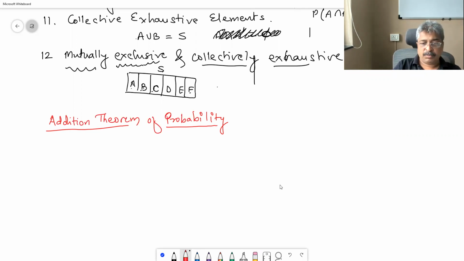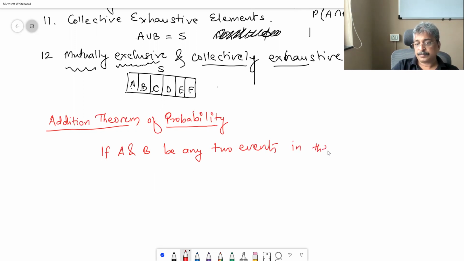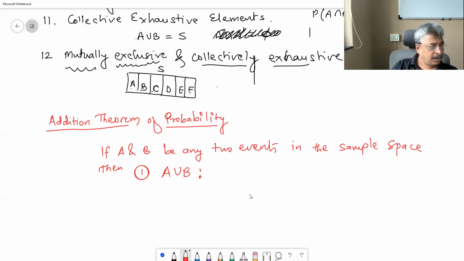Before doing the addition theorem of probability, let us first understand: if A and B be any two events in the sample space, then let us understand the meaning properly. A union B. Can you describe A union B in English? What do we mean by A union B?